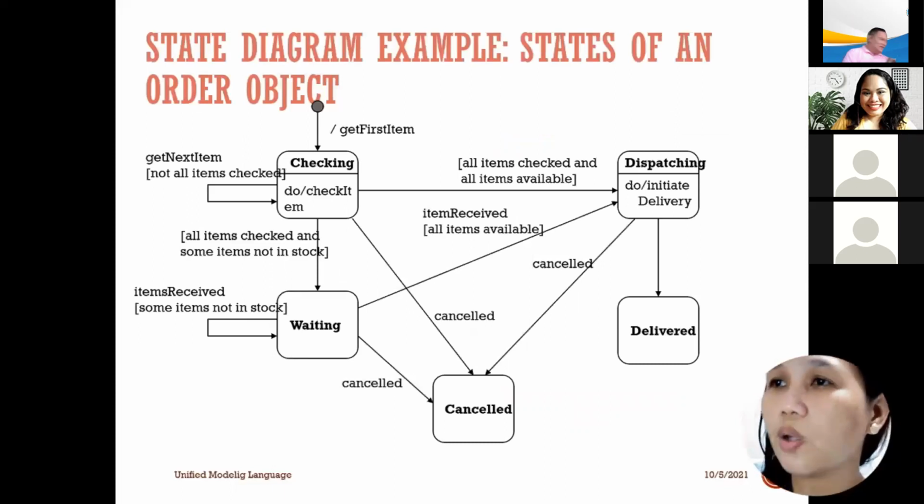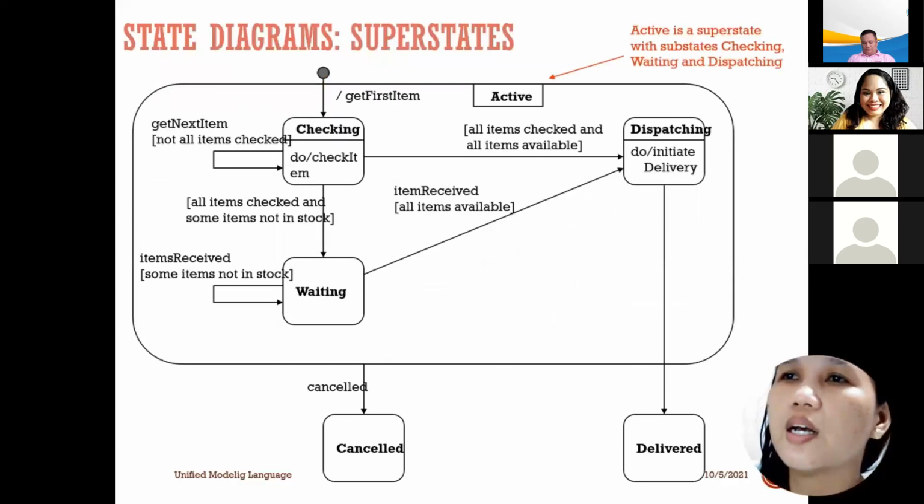If it's already checked and all items are available, it will proceed to dispatching. If the checking is cancelled, it will definitely be cancelled. If the order is available and needs to be dispatched, then it will be delivered and then executed.